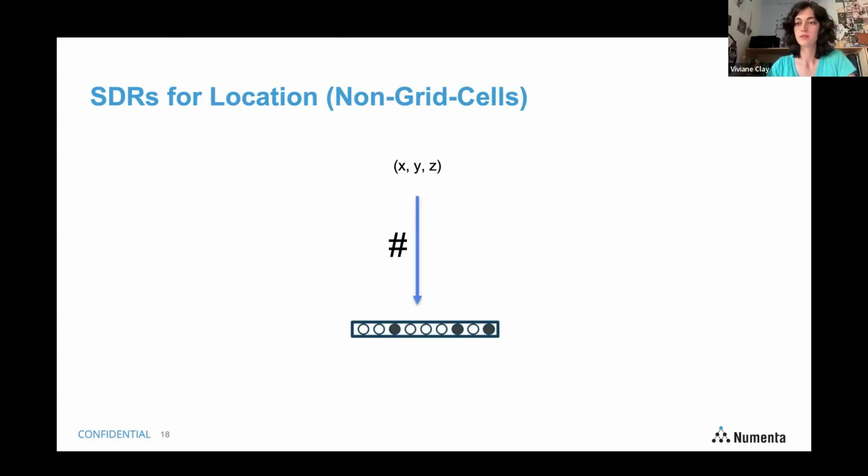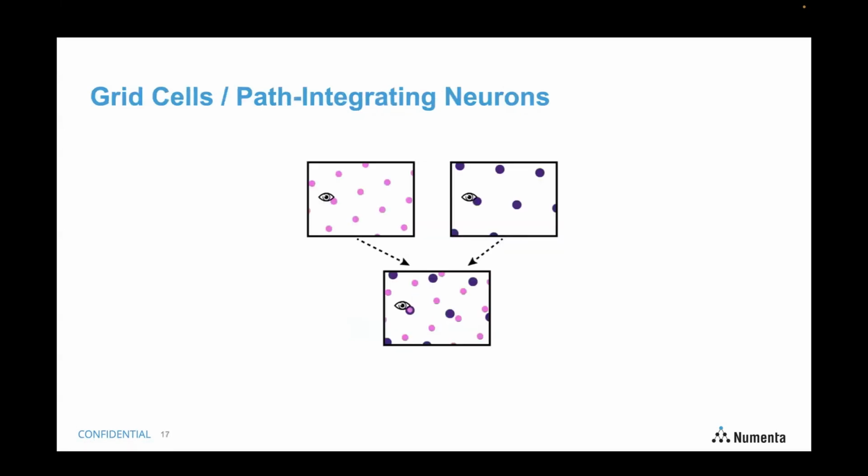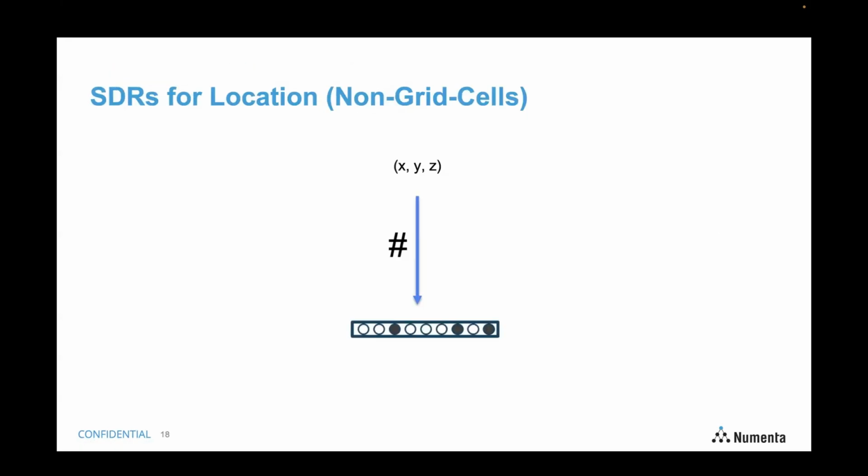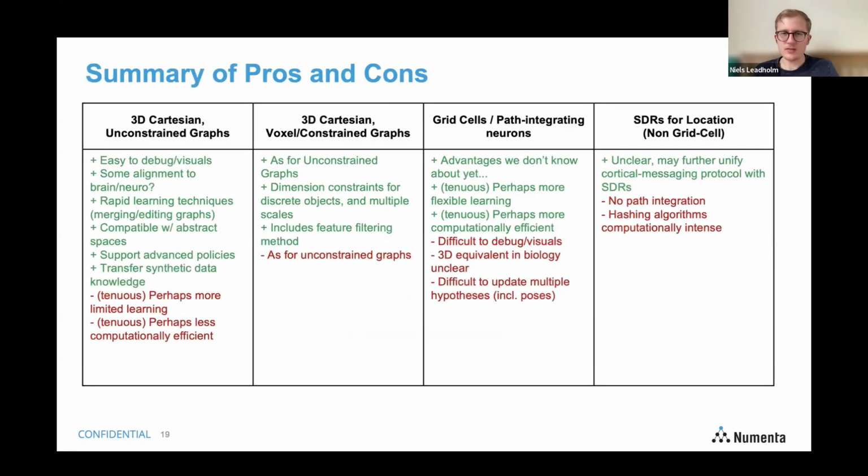Could I ask, in that previous slide where you were updating things, why you marked hashing algorithms in red? This one? Yeah, on the right-hand side.